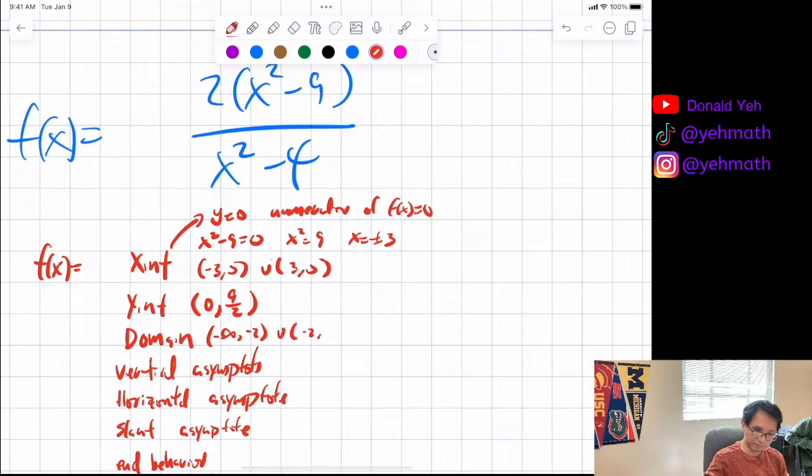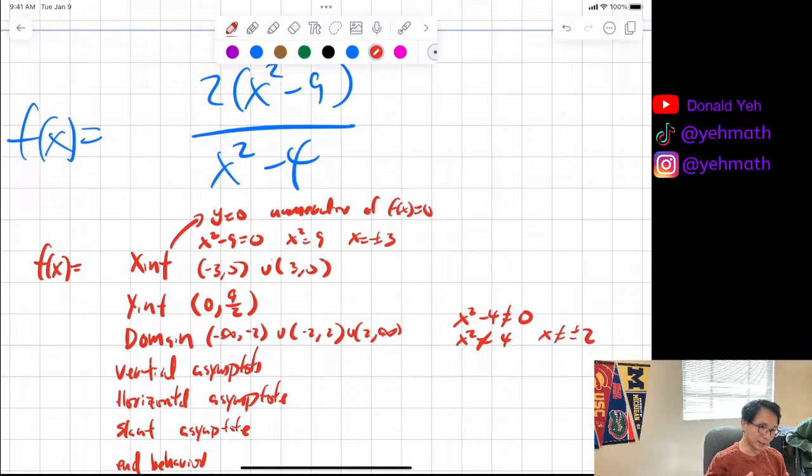Really good. Why? Because domain is basically checking where it cannot equal to 0. So x squared minus 4 cannot equal to 0, x cannot equal to plus minus 2. So x cannot equal to 2, and x cannot equal to negative 2. That is going to be one of the things.